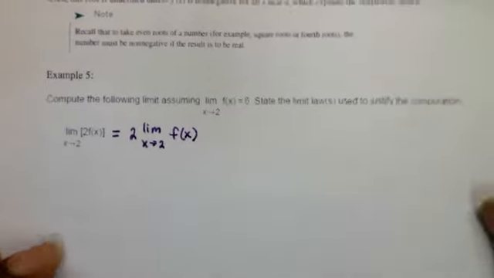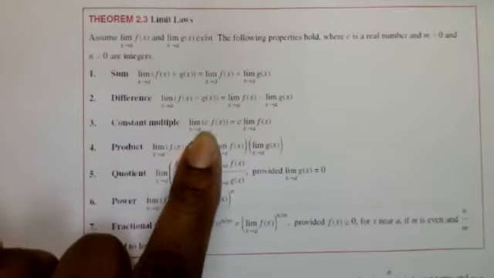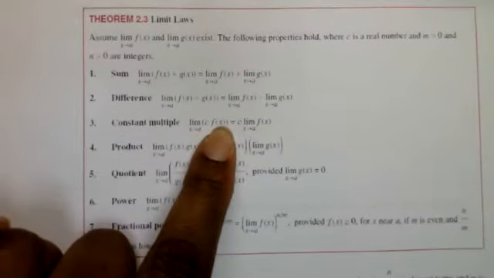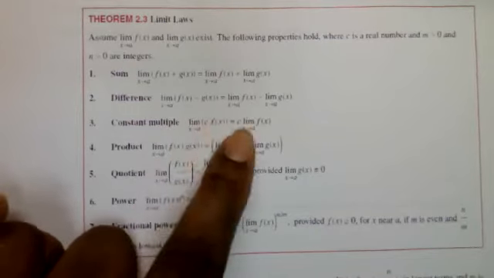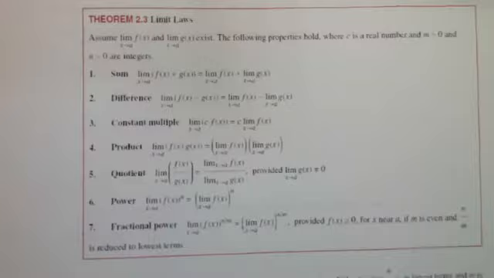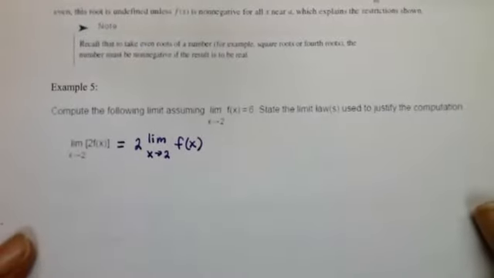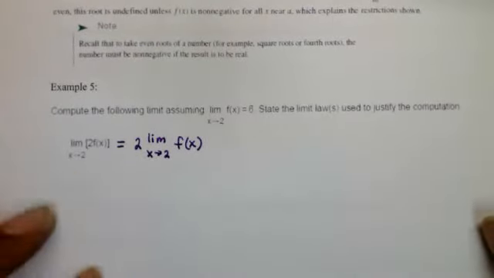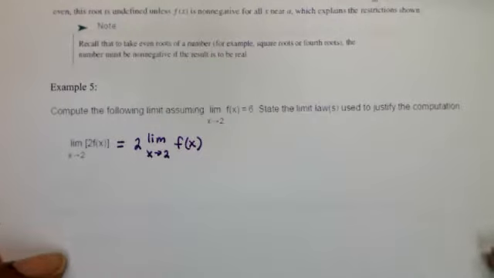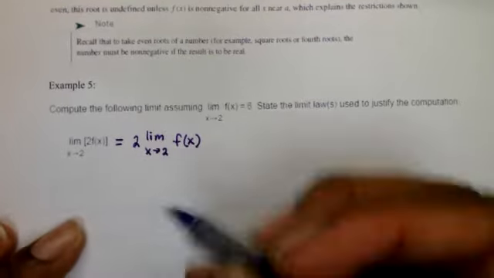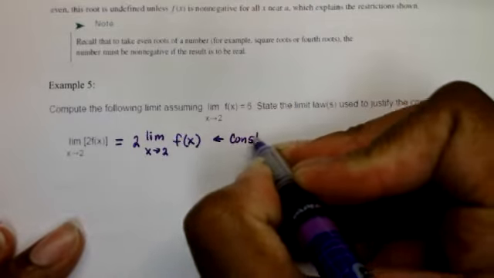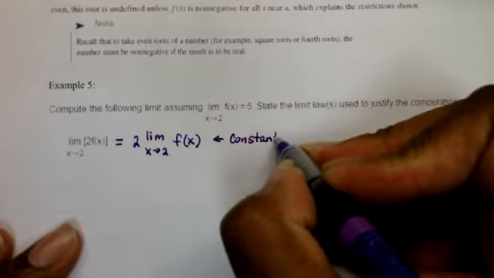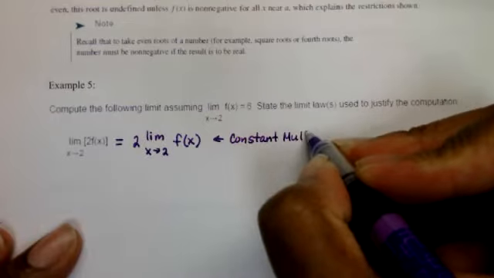If you recall, the constant multiple rule states that if I have the limit of a constant times some function f of x as x approaches a, that constant can be pulled in front of that limit. So this is what I just did here. I'll pull the 2 in front of the limit as x approaches 2 of f of x. So here I'm going to say I used the constant multiple rule.